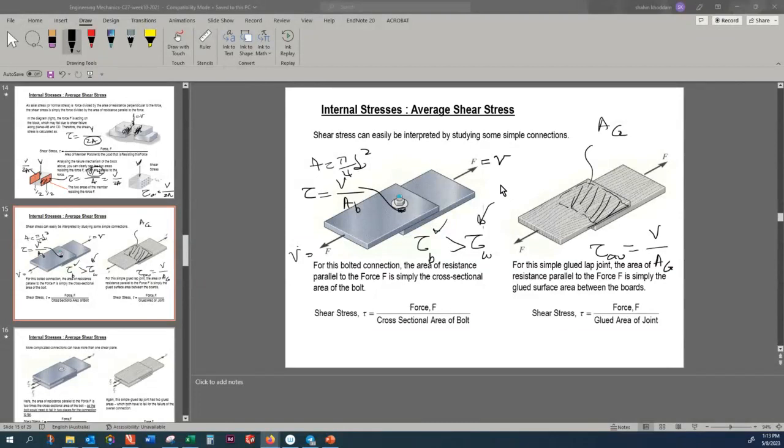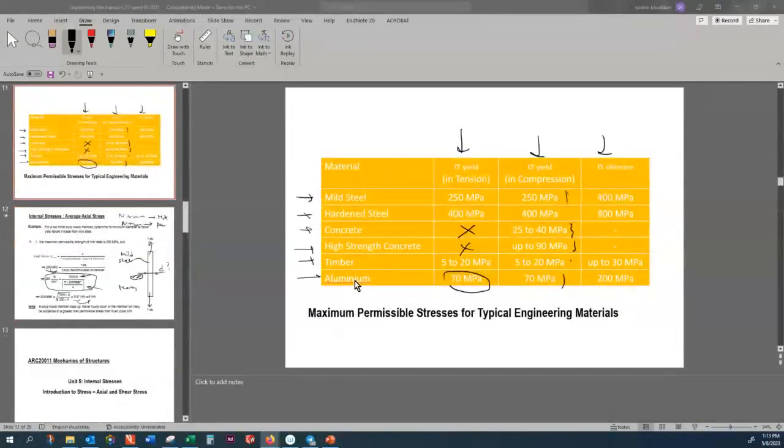Darcy's answer is correct. Because on the left-hand side, even though the stress is larger, this is made of steel, which can take up to 250 megapascal. So don't let that large number scare you, because steel is very strong.